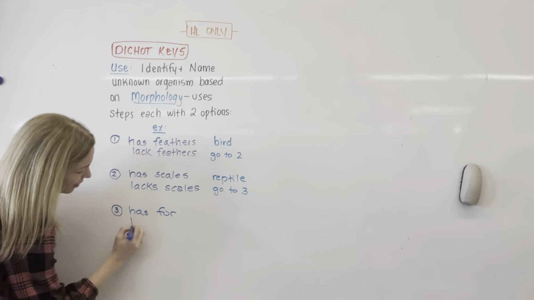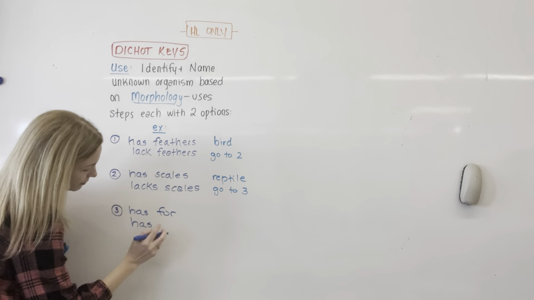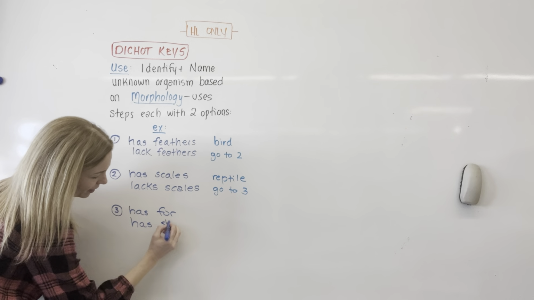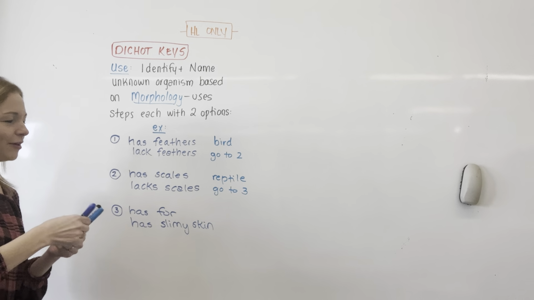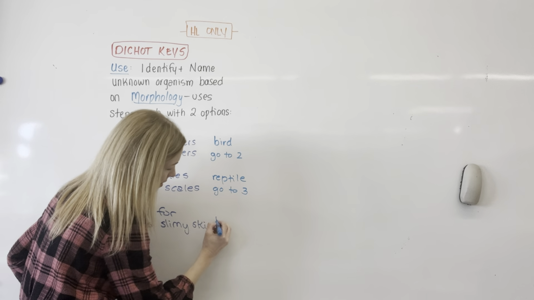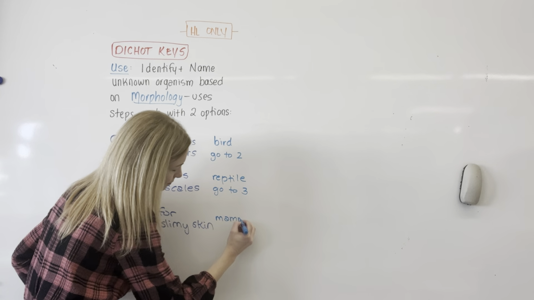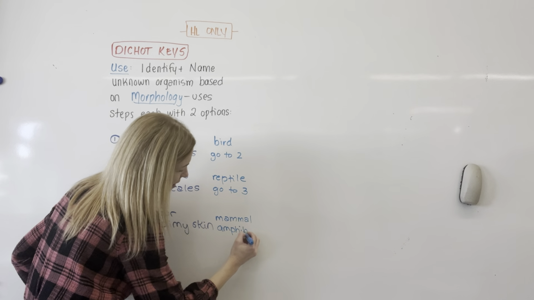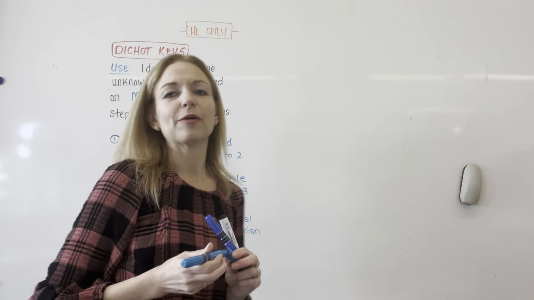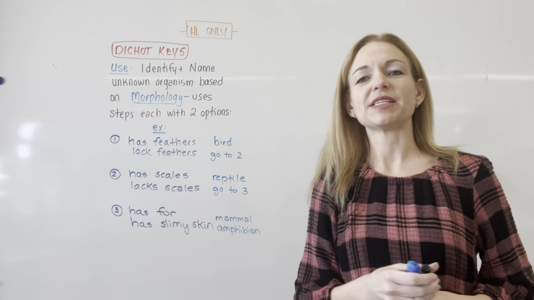And now if we only had 4, you could say lacks fur or has slimy skin. This is a very fancy one. And then we would say mammal, amphibian. So that's a very basic example, but the point is to only have 2 options at each place.